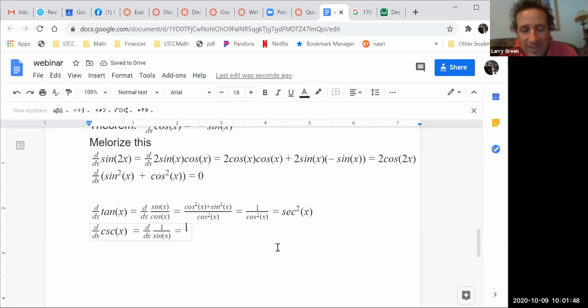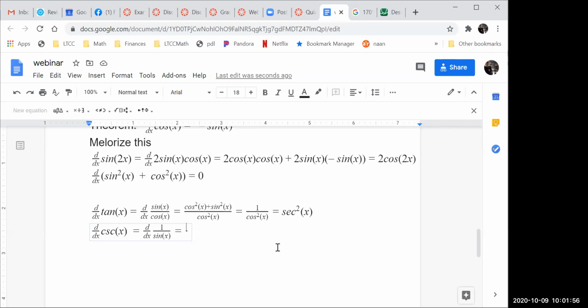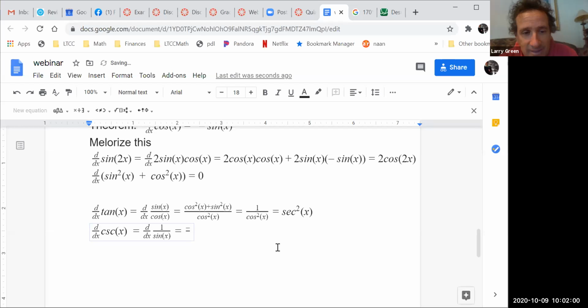All right, so it's low, sine of x, times d high. What's the derivative of 1? 0, it's gone. So then minus high, which is 1, times d low, which is cosine of x. And then square the bottom and away you go.